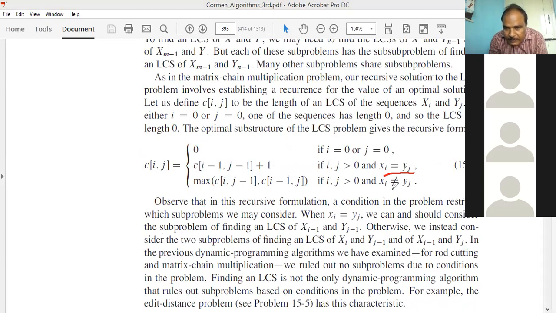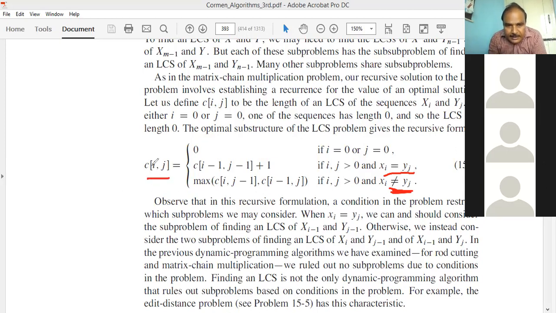If it's not equal, you can see this. Please write this formula in your notebook and make a note of this. It is the maximum between C[i][j-1] and C[i-1][j]. It is the formula I want to use.